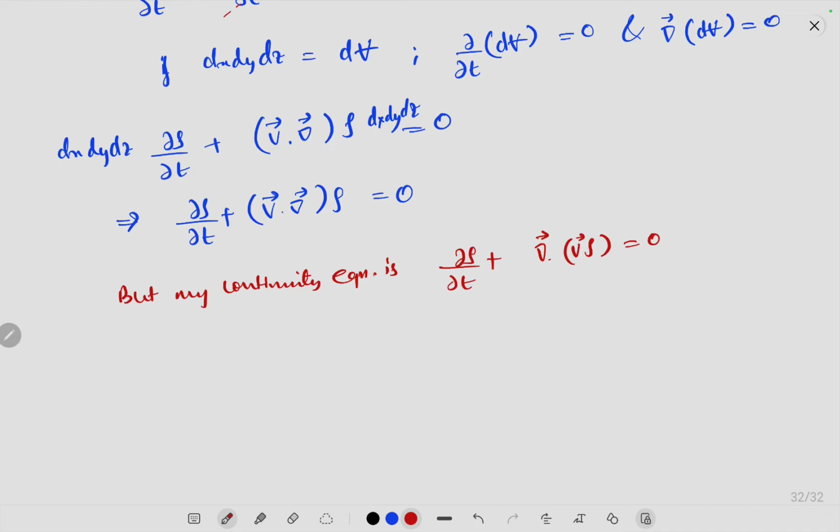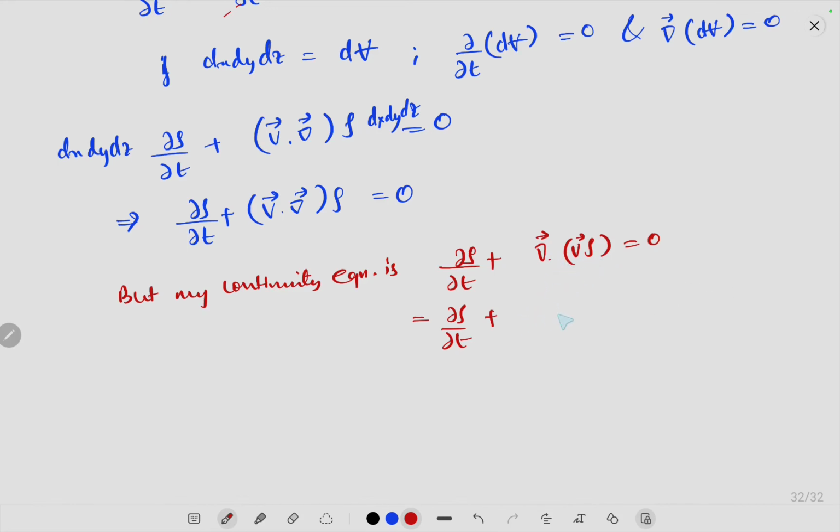If you want to open this, this will be ∂ρ/∂t plus v dot grad ρ plus ρ divergence v.